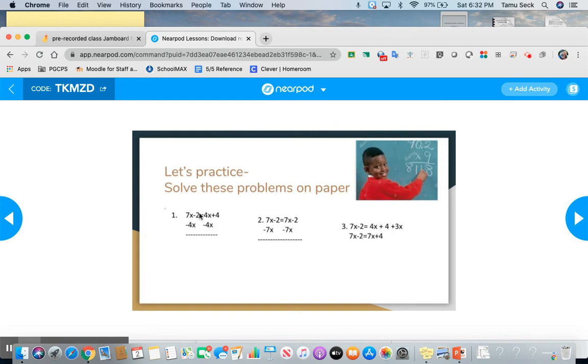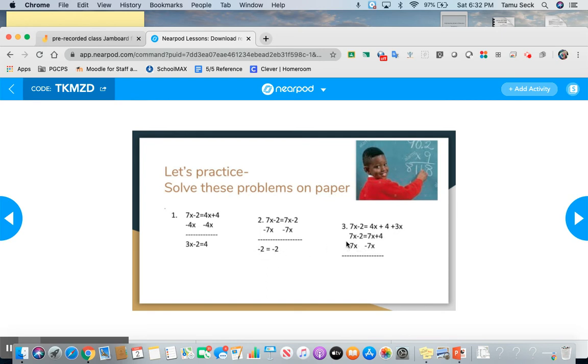Okay, now subtract 4x on both sides in number 1, subtract 7x on both sides in number 2. In number 3, you need to combine like terms. So 4x plus 3x is 7x. Now we have a 2-step equation in number 1. We're going to add 2 on both sides. This one is all real numbers, infinitely many solutions, because negative 2 is equal to negative 2.